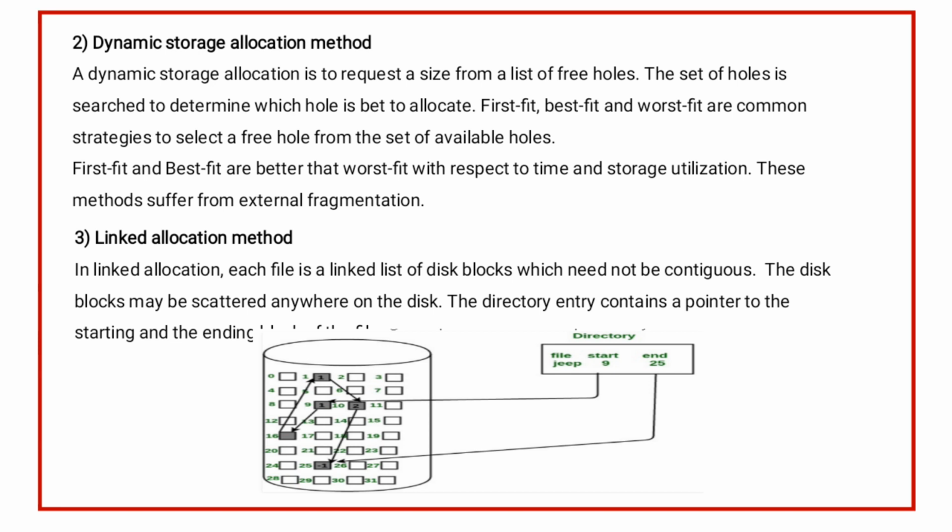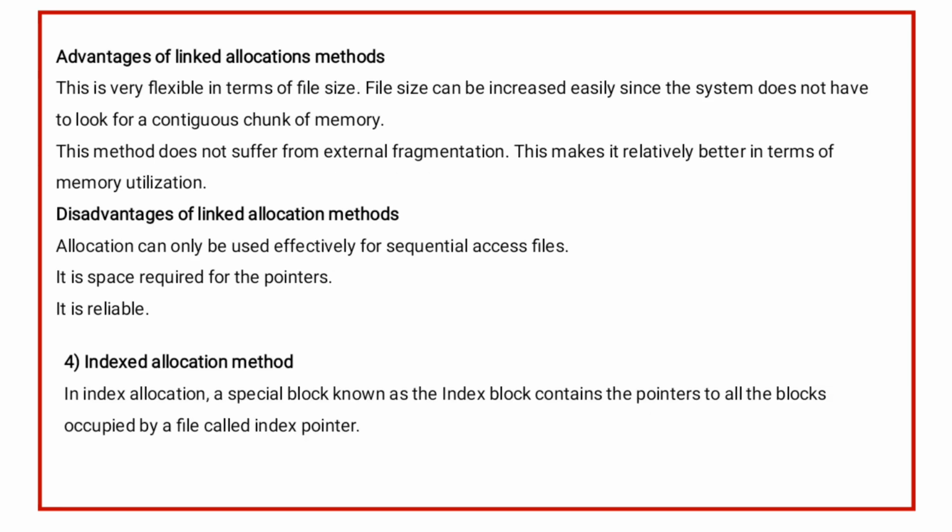Now, the figure shows how the blocks are randomly distributed. The last block 25 contains minus 1 indicating a null pointer and does not point to any other block. Now, what are the advantages of the linked allocation method? This is very flexible in terms of file size. File size can be increased easily since the system does not have to look for a contiguous chunk of memory.